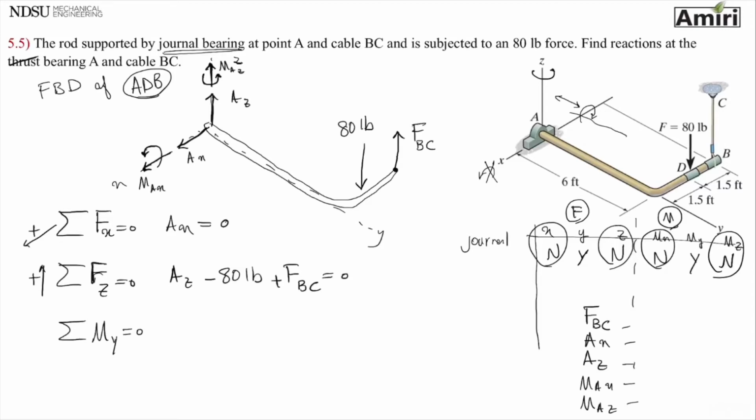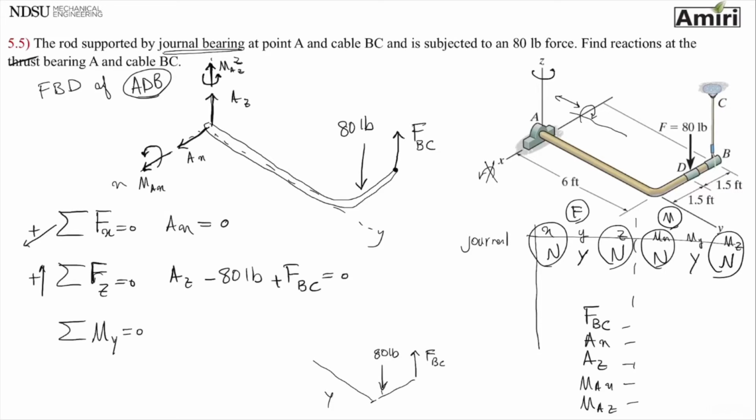So let's see, AX, it doesn't make it rotate about y. AZ, it doesn't. Moment AX is about axis x, moment AZ is about axis z. But let's look at these two forces. So let me draw it kind of here. This is axis y. I have a force of 80 pounds pointing down. I have a force of BC going up.